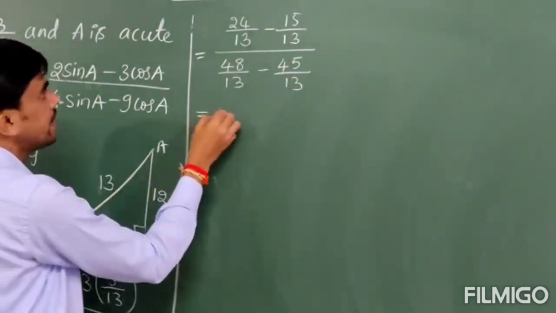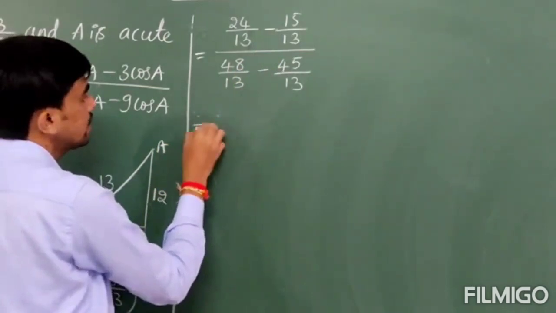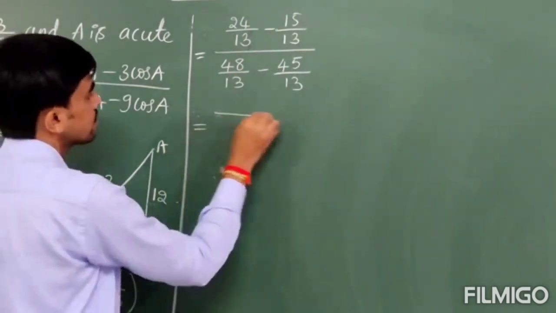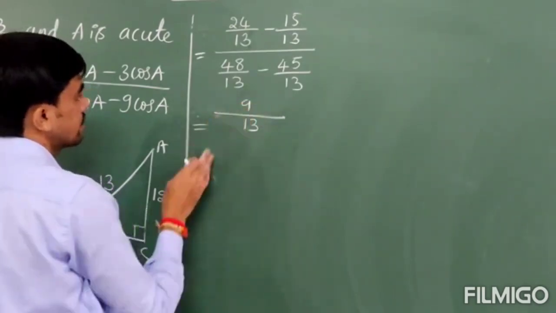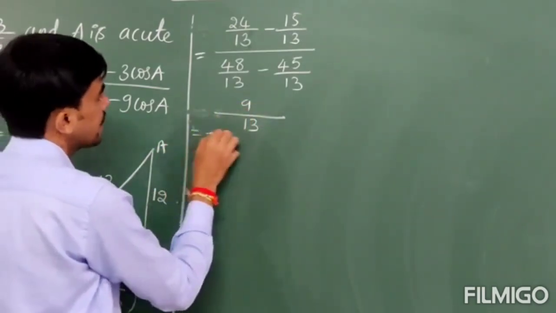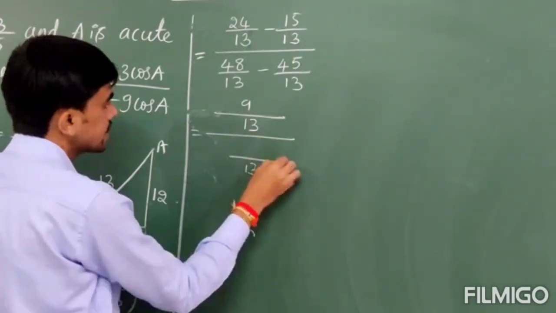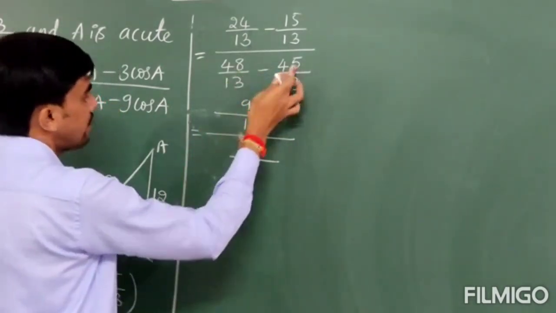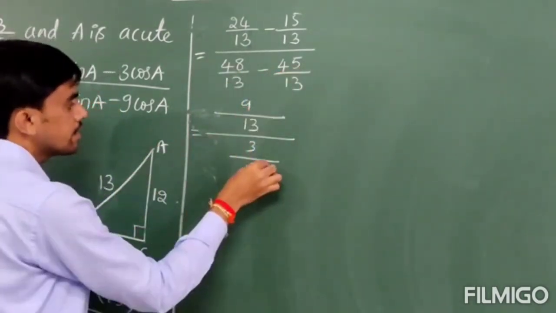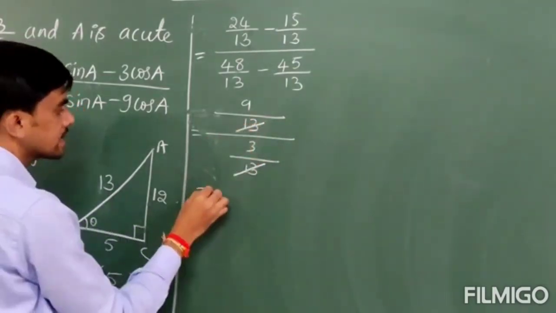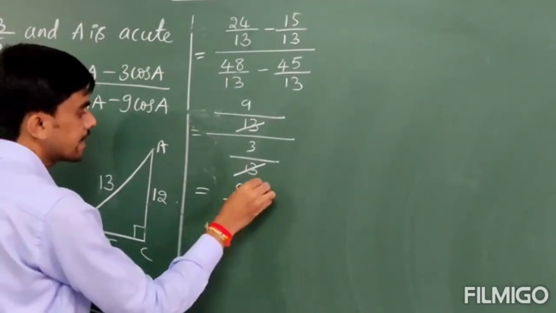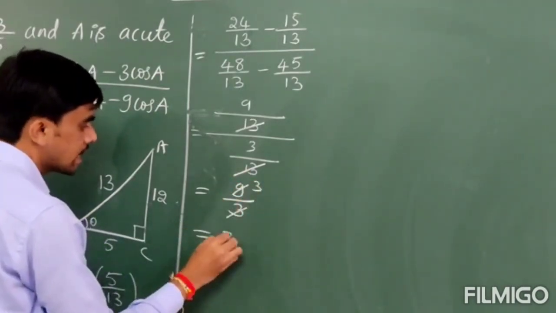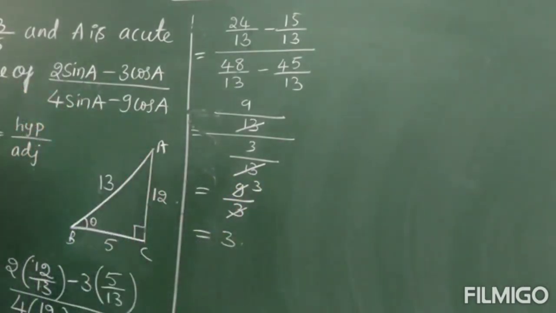Okay, in numerator LCM is 13, 24 minus 15 is 9, whole divided by, here also 13 is LCM, 48 minus 45 is 3. So denominator 13 gets cancelled. Finally we get 9 by 3, so the answer is 3.